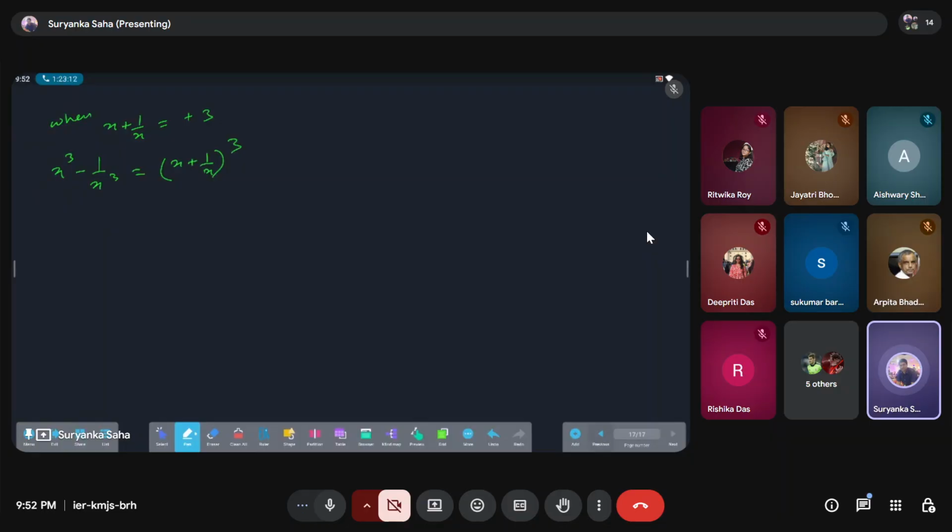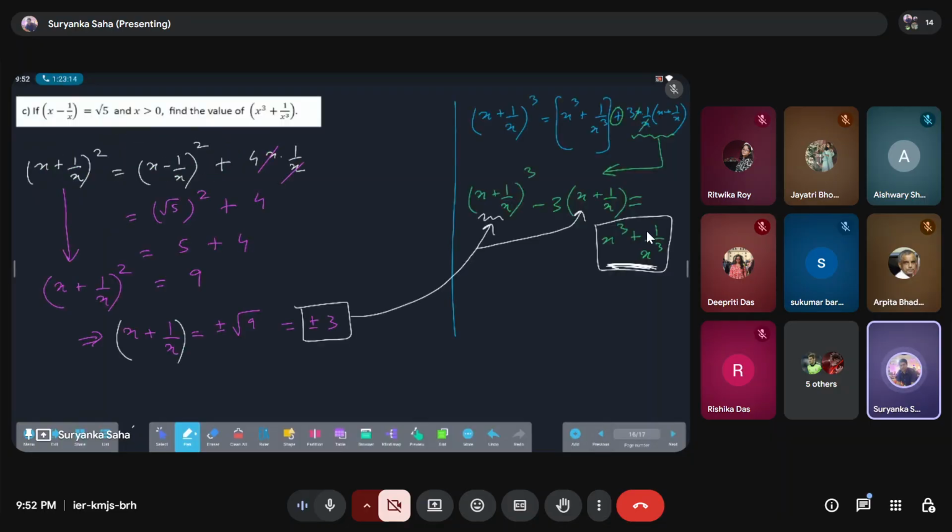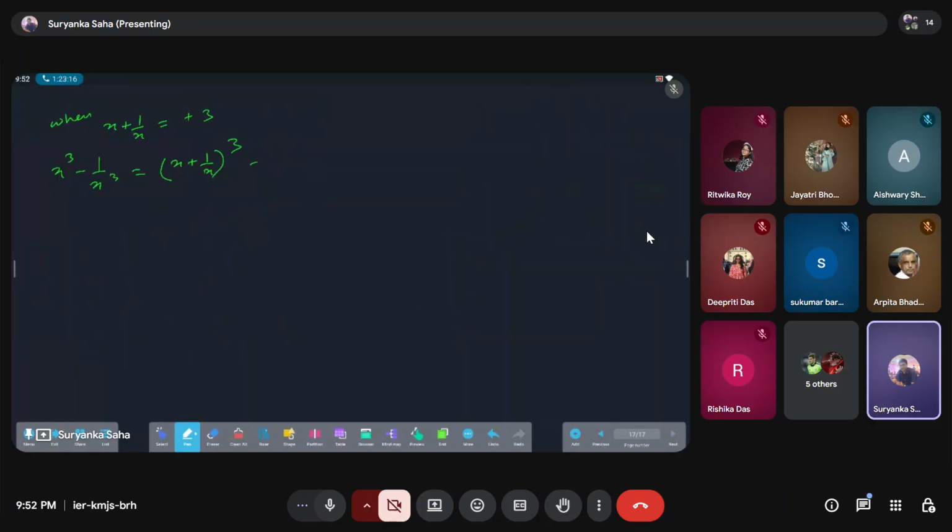What was the formula? (a plus b) whole cube minus 3ab into (a plus b). So it will be 3 cube minus 3 into plus 3. So just a minute, 3 cube, 27, minus 9. So it will be 18. So 18 will be the answer of one case.